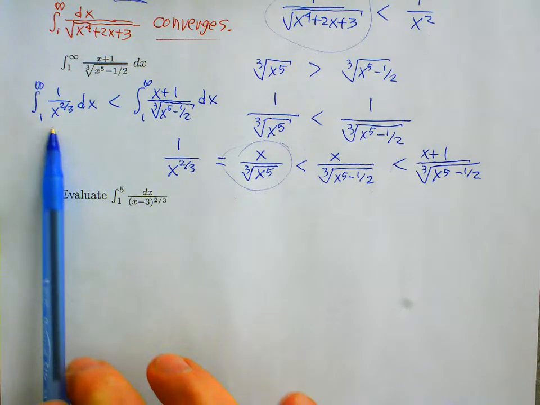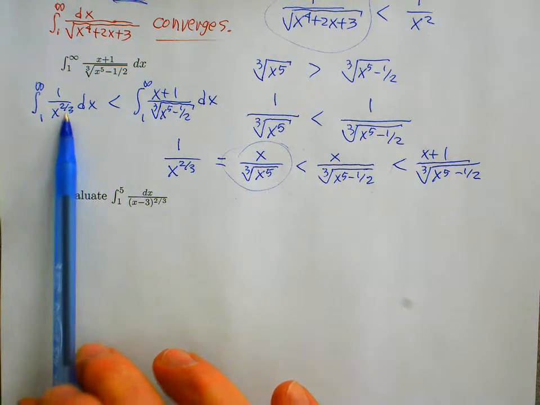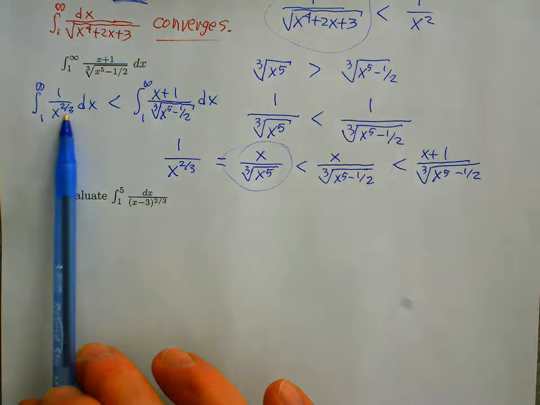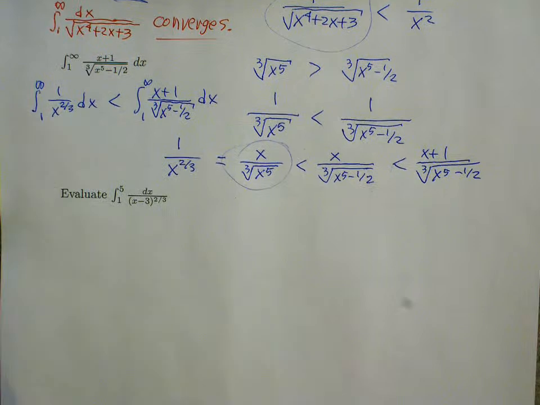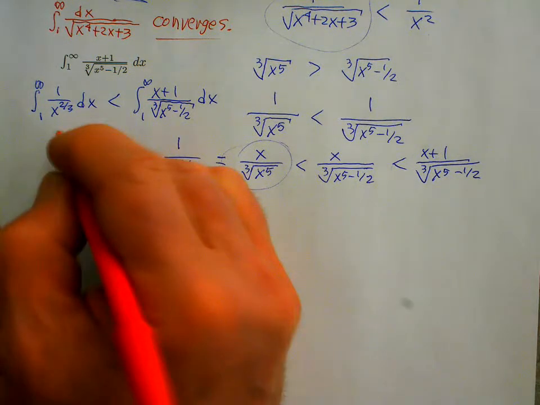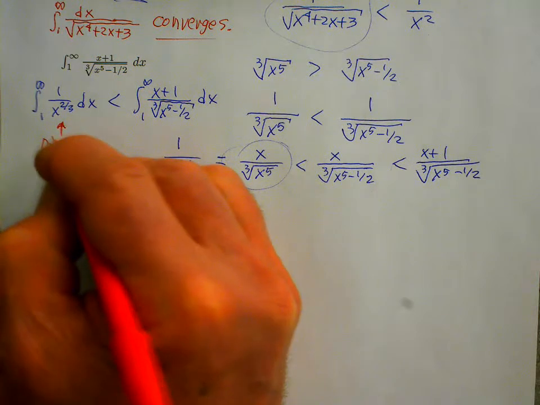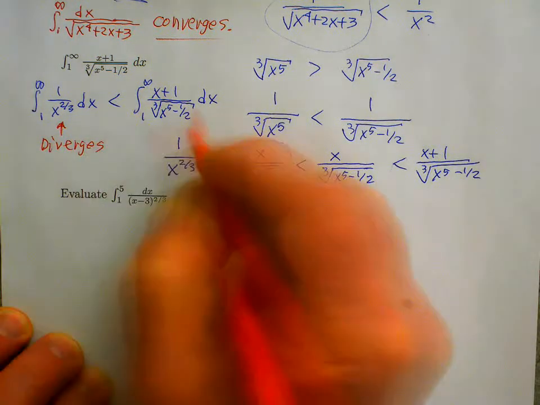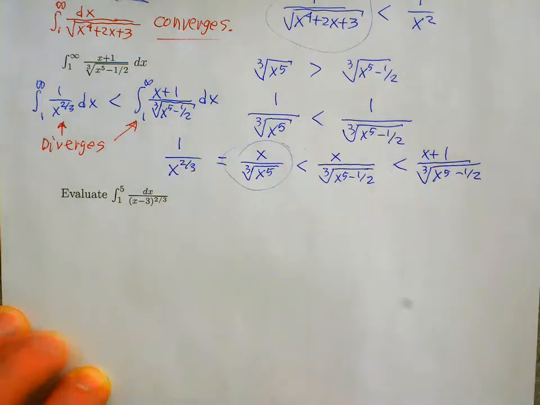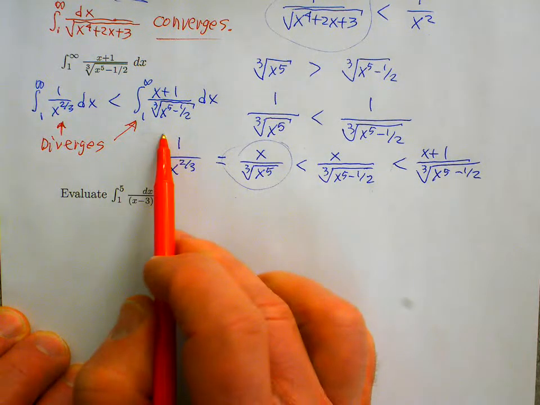But the improper integral on the left, since the exponent on x in the denominator is less than 1, diverges. So this one diverges, and by the comparison rule, this one also diverges.